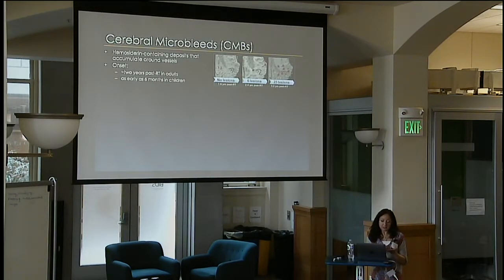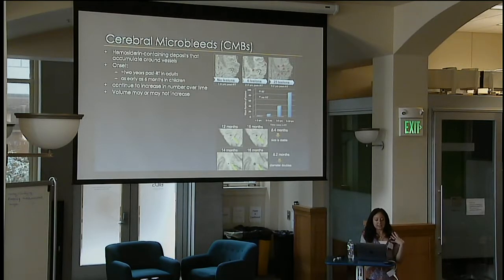Why do we want to look at microbleeds? We've seen that they increase over time with these lesions. In children, they can appear even earlier and have more of an effect on cognition. They continue to increase in numbers. Sometimes their size will increase at first, but then over time they might disappear again.